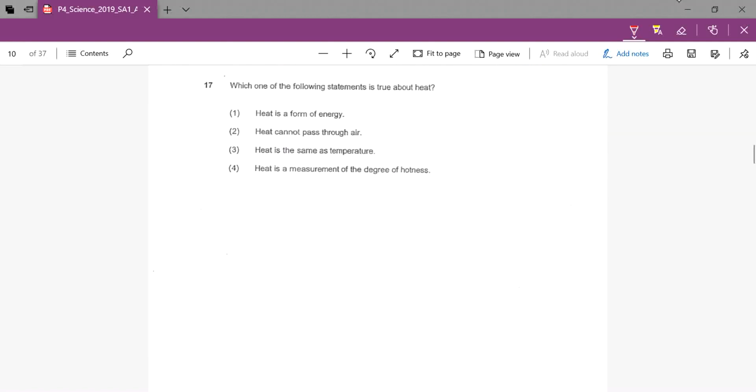Question 17, which one of the following statements is true about heat? Heat is a form of energy. Definitely. Okay, so you have the answer already. Heat does not pass through air is definitely a wrong statement, because if it does not pass through air, then how can you feel the aircon? How can you feel the hairdryer? How can you feel a lot of things, right? The stove, so on and so forth. Heat is the same as temperature. Wrong. Definitely wrong. Temperature is the measure of how hot or cold something is.